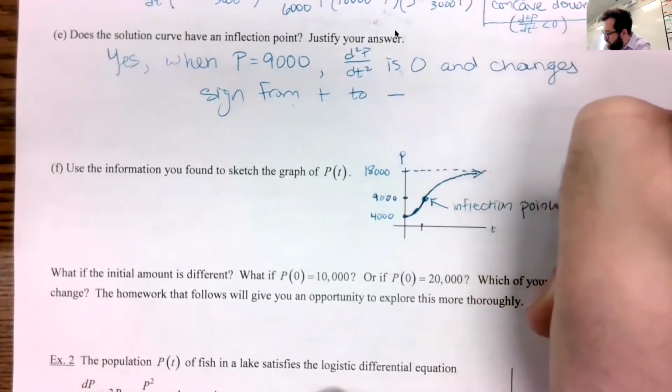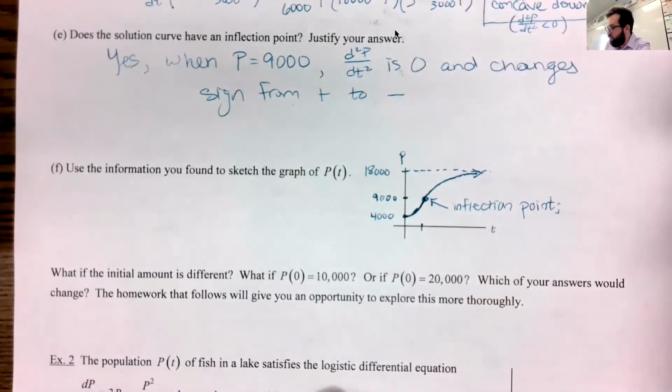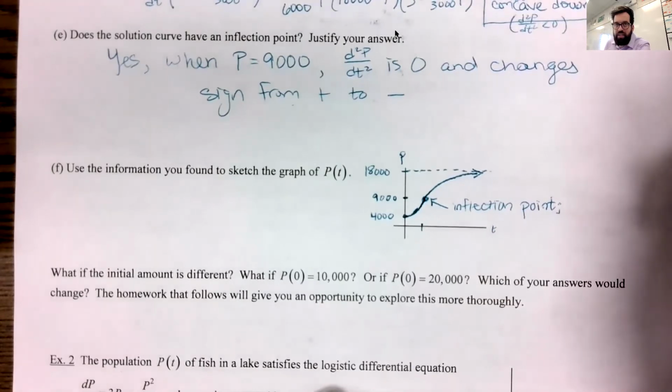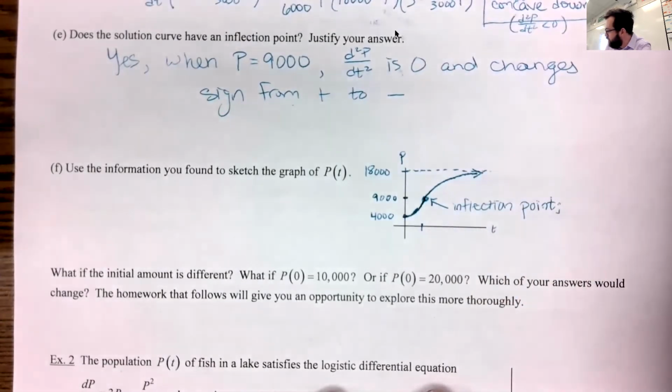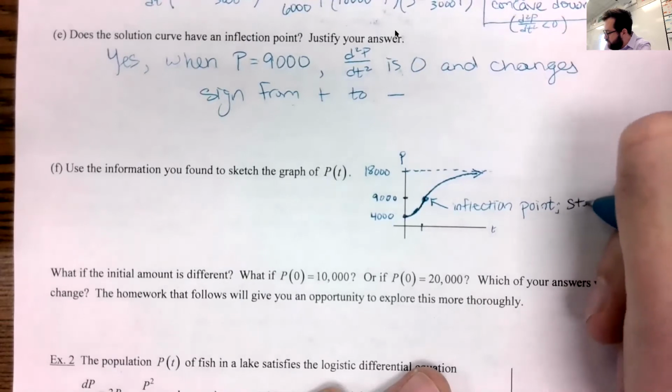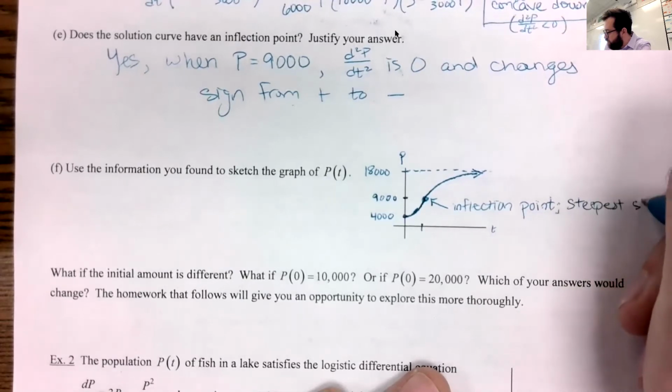And something that is fairly commonly asked about this type of graph, this logistic curve, is which point has the steepest slope? And it's always this inflection point in the middle. That's where we switch from concave up to concave down. So we say it has the steepest slope.